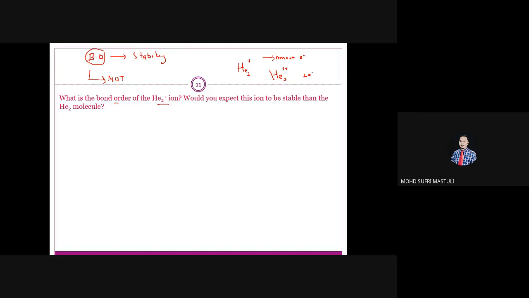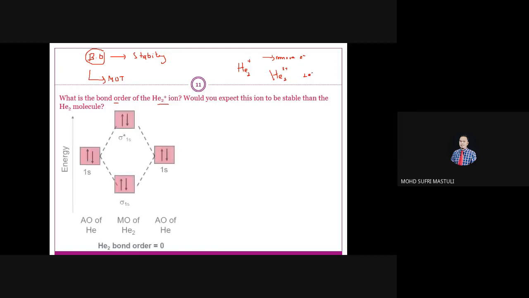Okay. So, kita draw dulu the molecular orbital energy diagram for helium. This is the molecular orbital energy of helium we explained just now. So kalau kita nak buat He2 plus, maksudnya kita kena buang satu elektron.